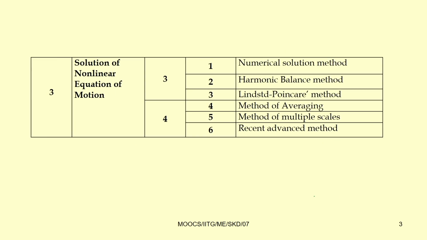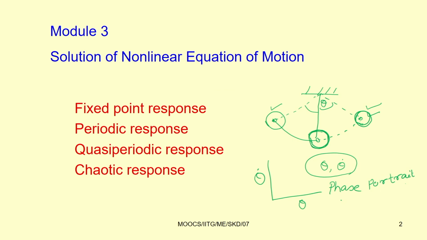These phase portraits can be plotted to show the flow of the motion, or how the motion is taking place with time. One can plot theta versus t, how theta is changing with time. Similarly, one can plot theta dot versus time also. Combining theta and theta dot, one can plot theta versus theta dot, and that will be known as the phase portrait.